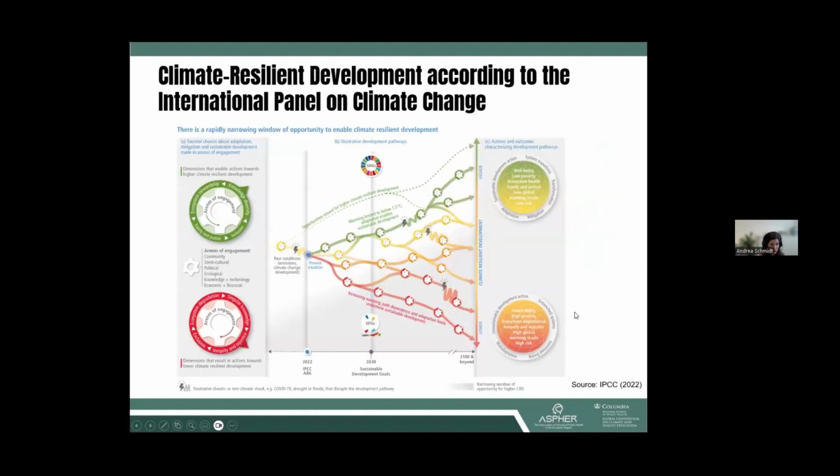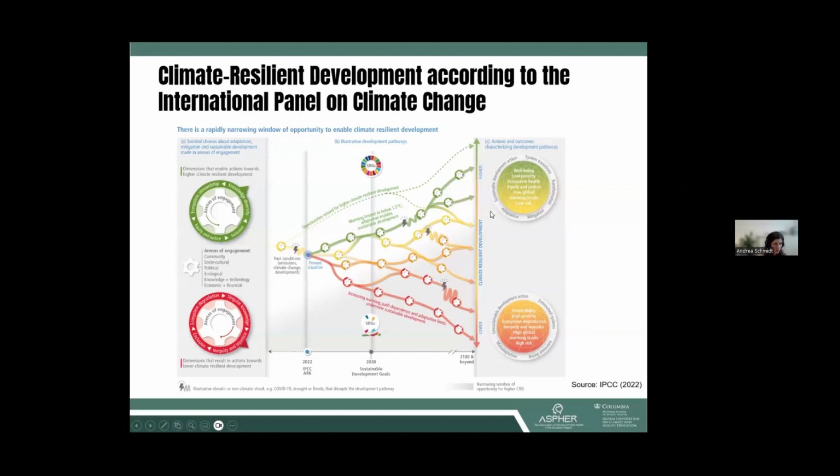And the Intergovernmental Panel on Climate Change talks about climate resilience in a very similar way. They also highlight these different pathways, as you can see here. So we have a lot of possibilities and entry points at which we can decide to become more climate resilient in our health systems, but also in our societies.